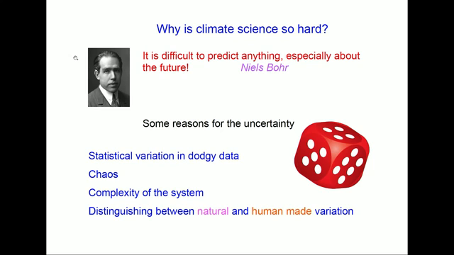Firstly, there is data out there. Some of the data is definitely dodgy because you're trying to learn about things from, let's say, looking back into the past where we're not quite sure what happened, or in Antarctica where it's difficult to get measurements. And all data has statistical variation, and somehow you're trying to extract trends from data which is varying.